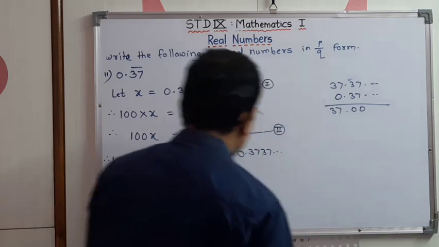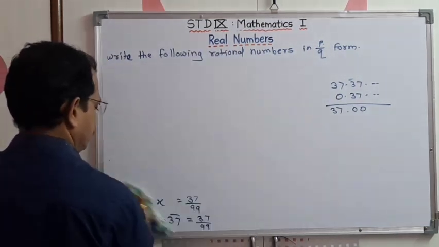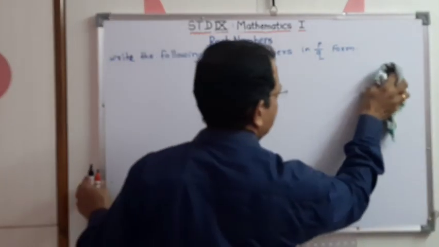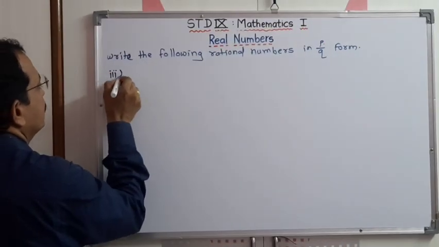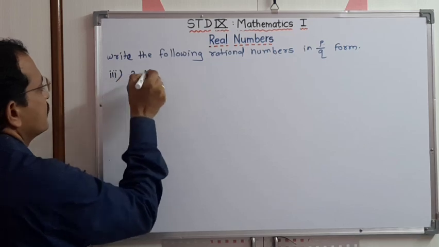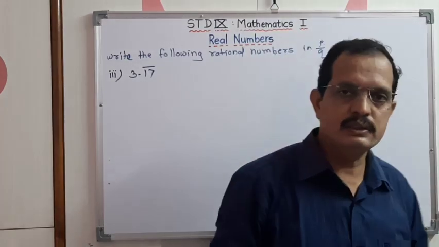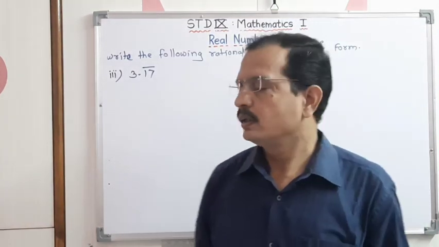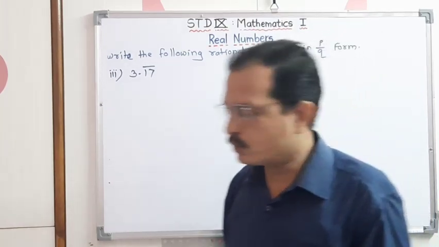Let's see the third one. It is 3.17 bar. Third one is there, 3.17. Same as we saw in the second sum. Here recurring is of 2 digits. Therefore what we have to do?